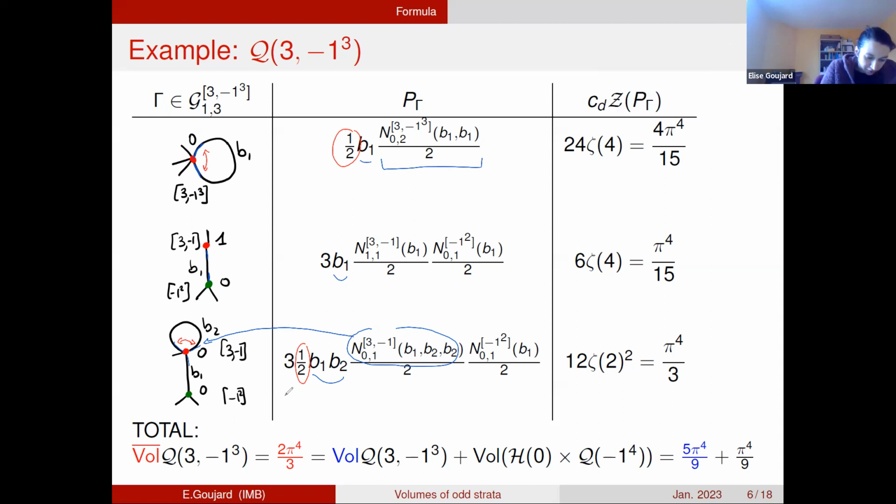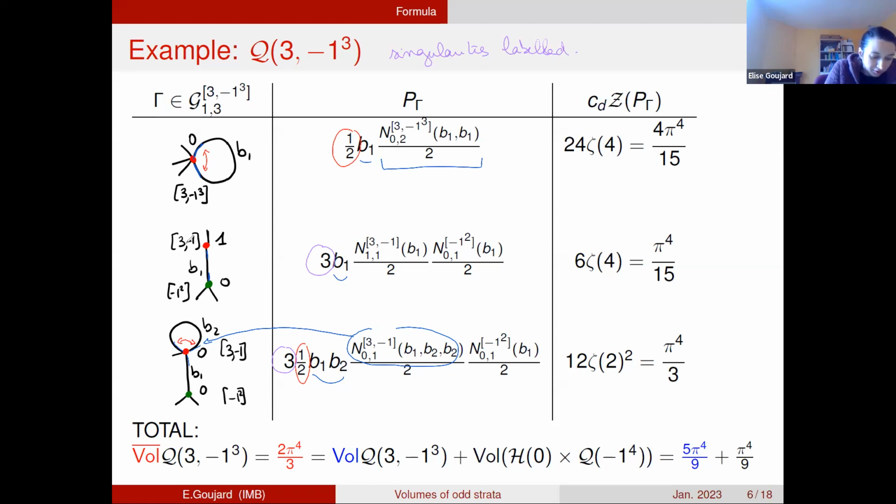And then what remains to explain is this factor 3. Here, all these singularities are labeled. In particular, you have 3 poles with 3 labels.